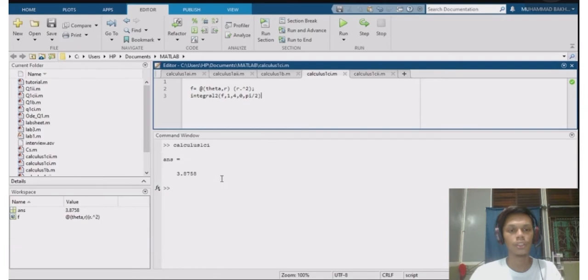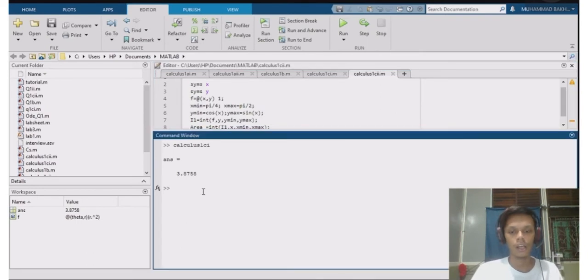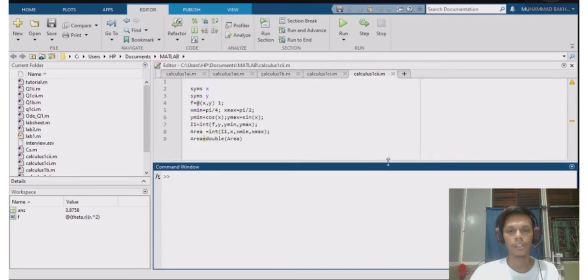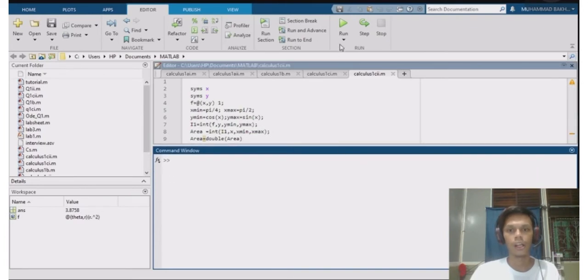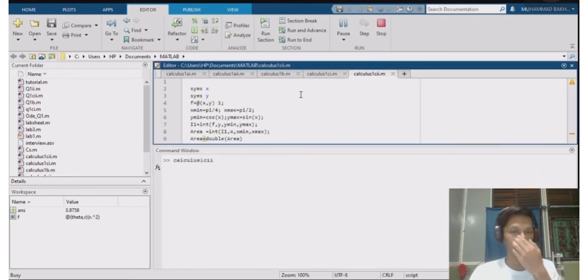So the answer is 3.8758. And for the last question here, I have a problem with my MATLAB on this laptop because I did not add on Explorer.